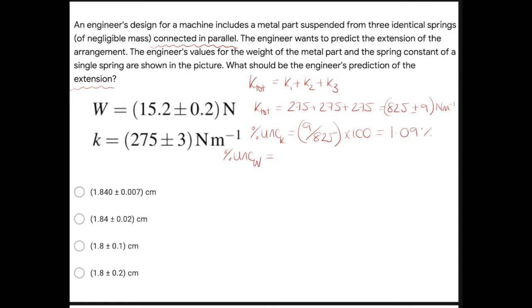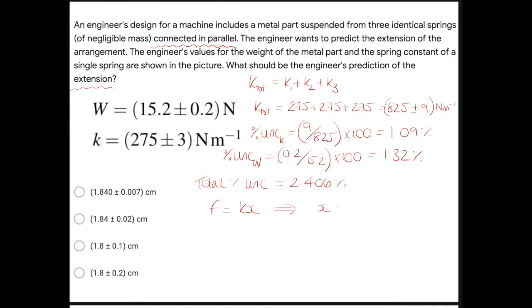If we do the same now and work out the percentage uncertainty in W, which remember is our force, we've got our absolute of 0.2 newtons divided by our actual value of 15.2 times 100, and that gives us a value of 1.32% uncertainty in the value for W. So our total percentage uncertainty is the sum of those two. So when we add those two together, we get 2.406%.